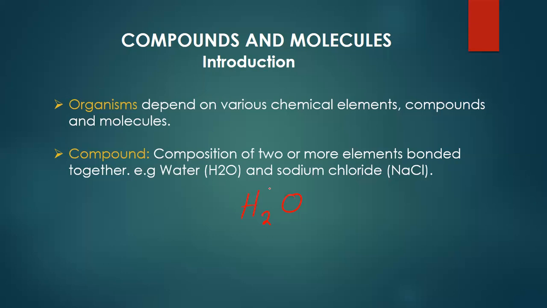This is an example of a compound because we have two elements that have been bonded together. We have the element hydrogen, and then we also have the element oxygen.